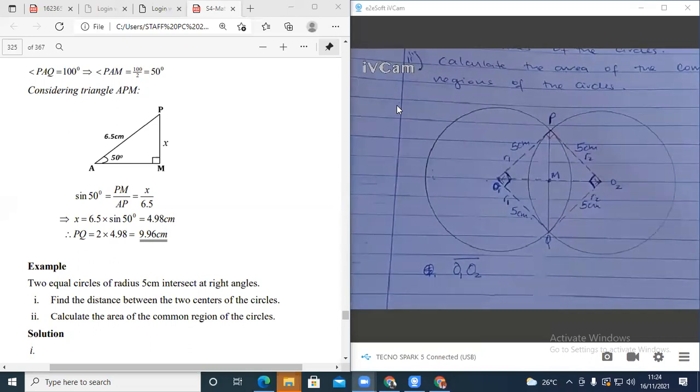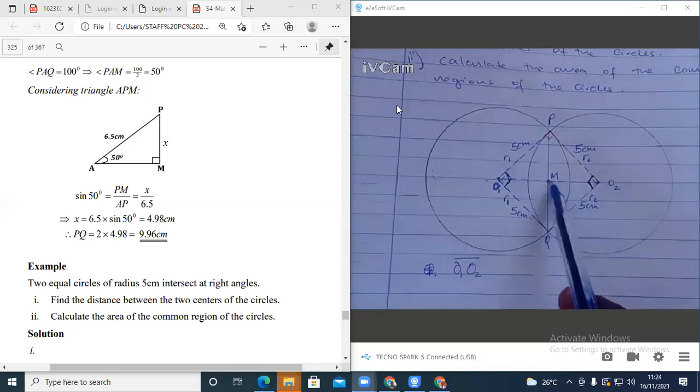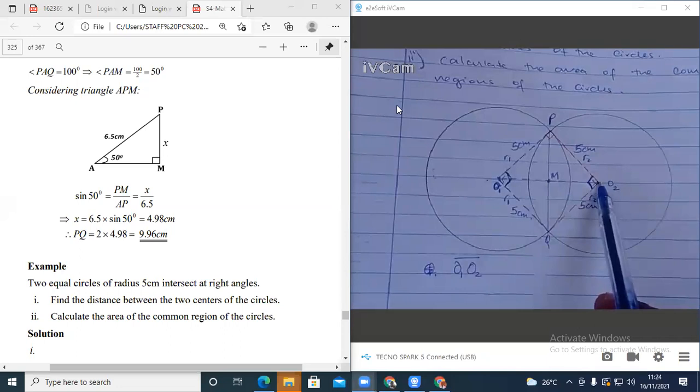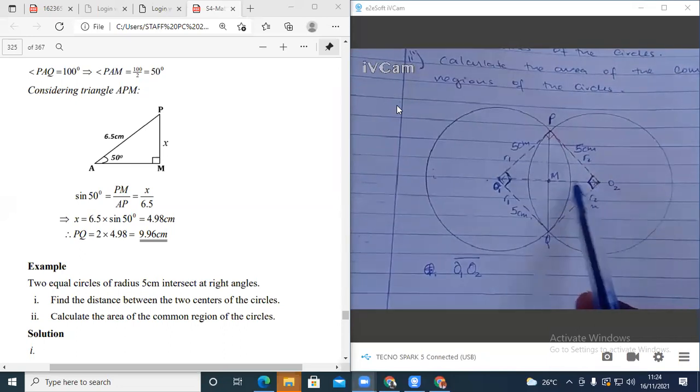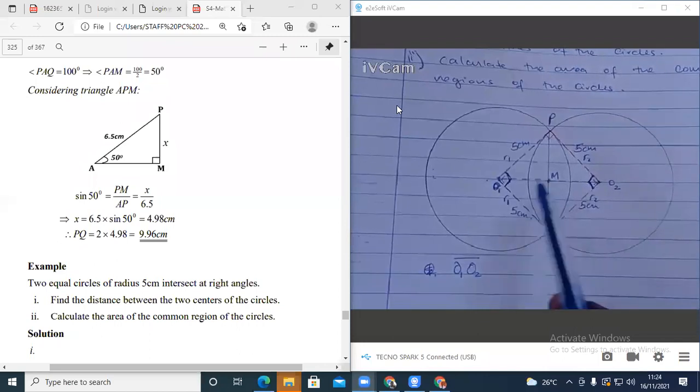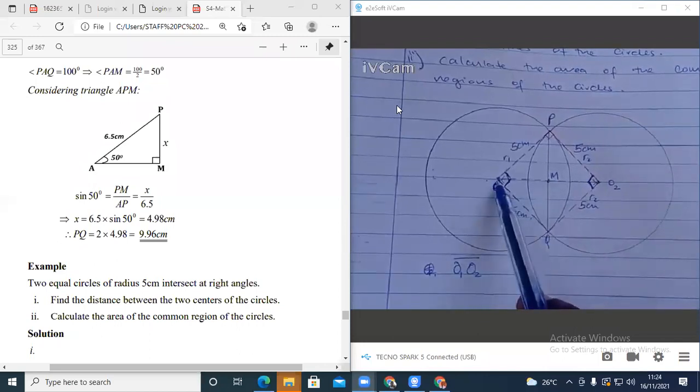Okay. So what you should know, before I tell you what we are going to find, is that from here up to here is the same as from here up to there. Why?